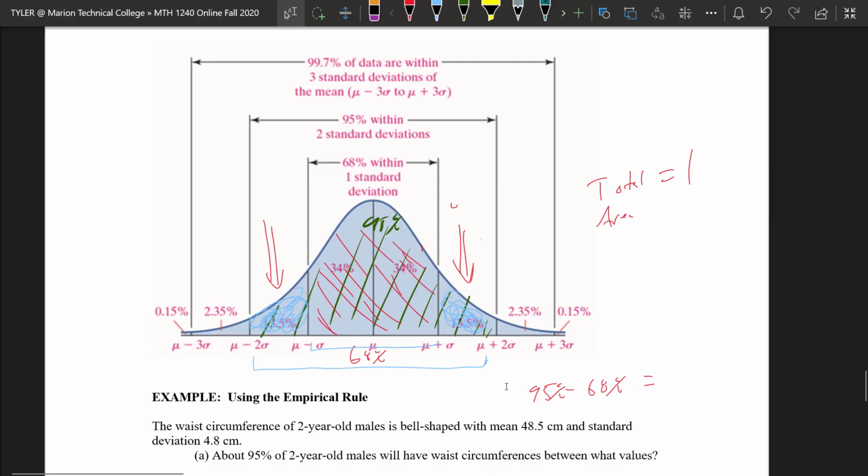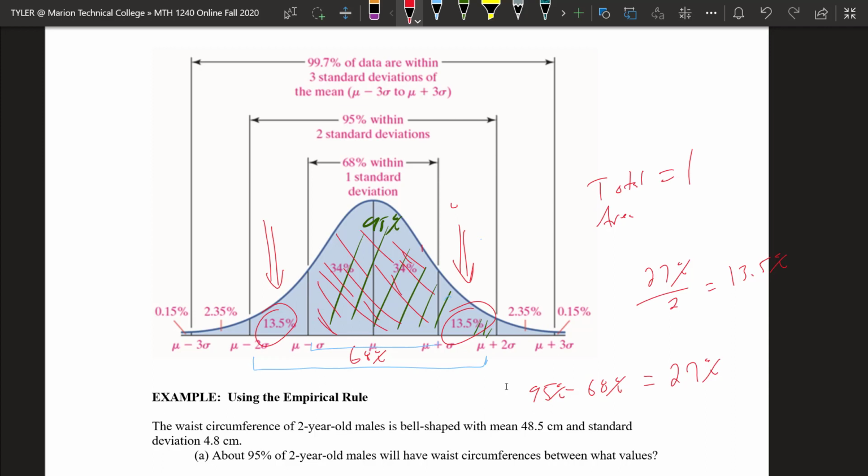So this was equal to 27, and 27% divided by 2 gets me to 13.5%. And that's where these numbers are coming from, right? So if I erase that now, you can see that 13.5% is what's under each of these spots.